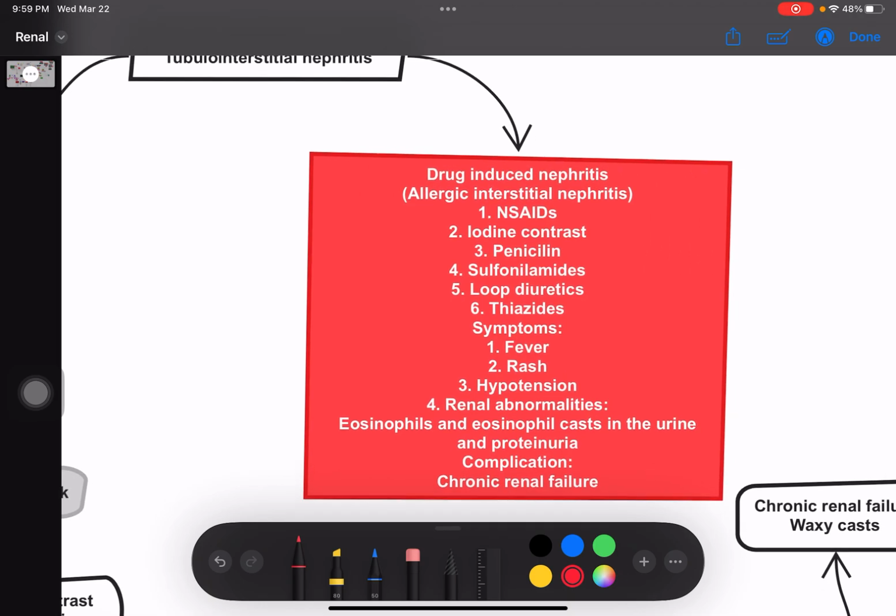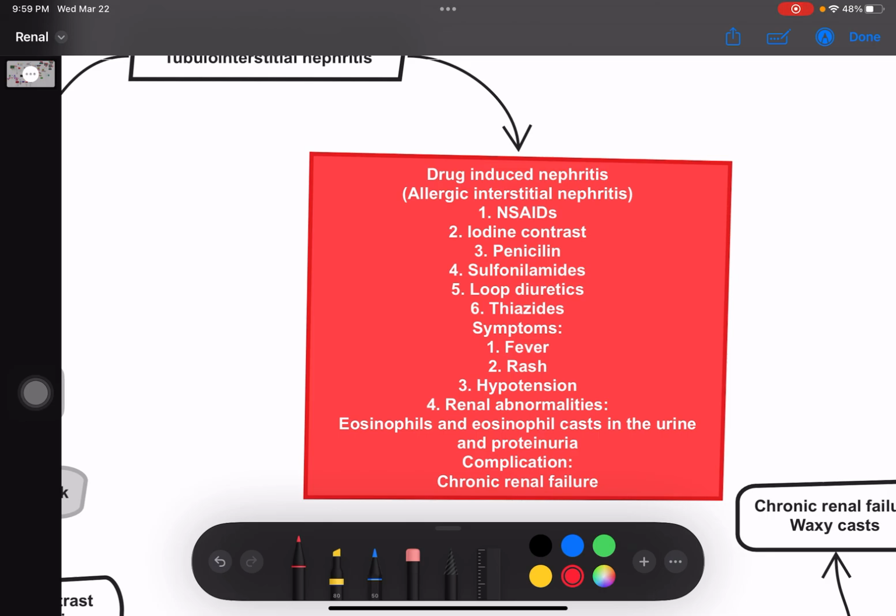The drugs that can cause this allergic reaction include NSAIDs, iodine contrast, penicillin, and sulfa drugs, which have a sulfa moiety in their structure. Those are sulfonamides, loop diuretics, and thiazides.